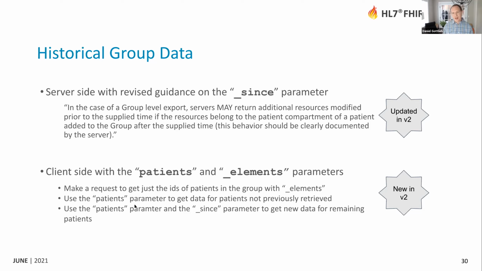They can do a very lightweight request using _elements to just get the IDs of all the patients in the group, do a little comparison, and then use the patients parameter to pull historical data for patients that they haven't previously retrieved data on, and use the _since parameter to only get new data for patients that they already have the historical data for. So this was one of the core use cases we really wanted to better support in version 2.